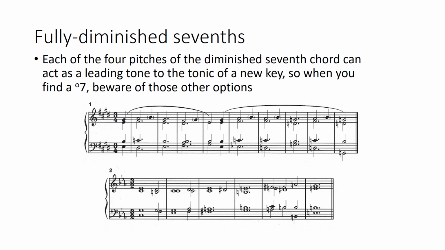Okay, so we have modulated again. We started in the key of C minor, and by the end we're in the key of E minor. And it had to do with this chord here, which the first time was spelled as... wait, this isn't the one I'm looking for, it's this one here. F sharp, A, C, E flat. And we took that E flat, and you'll notice that the E flat is repeated as a D sharp.